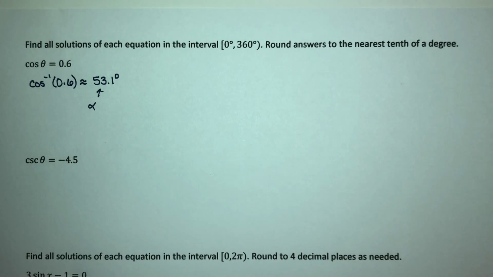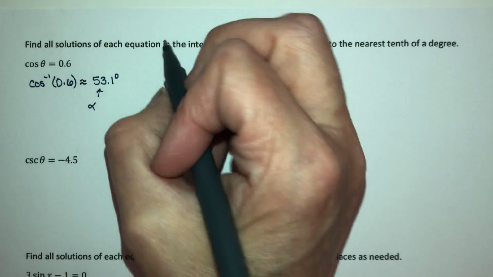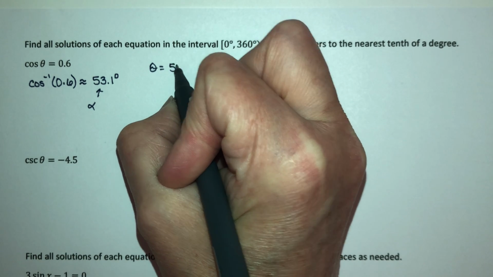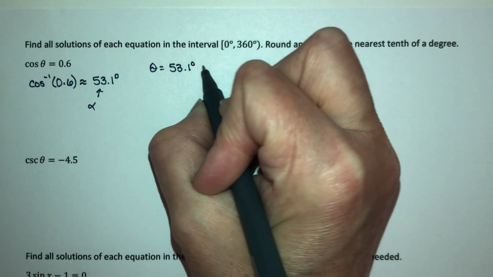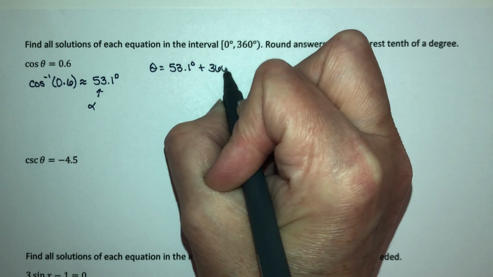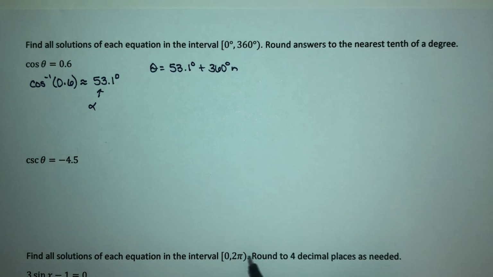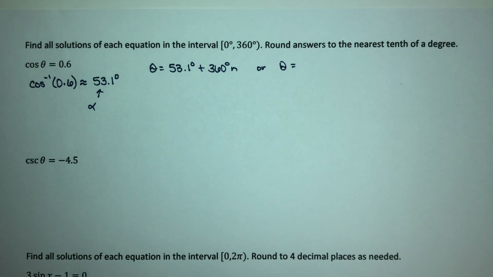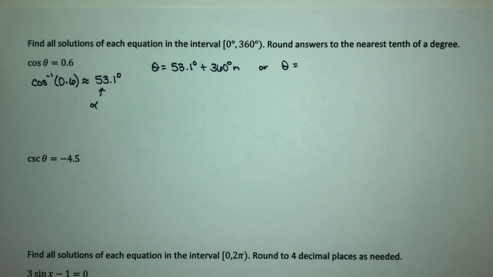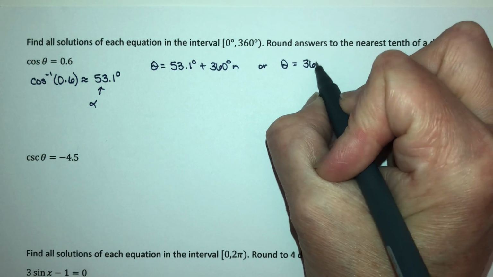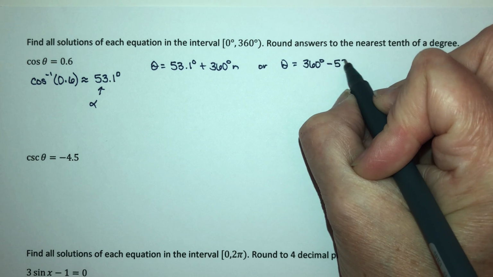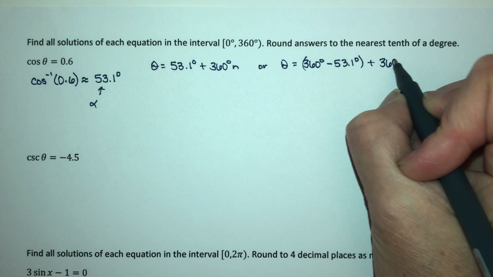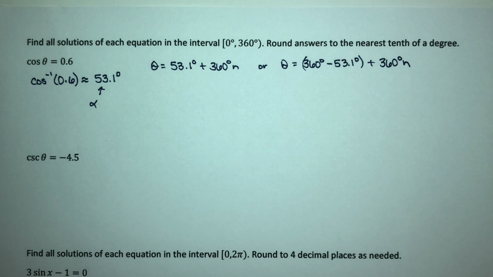For cosine, our answers, so theta, is equal to our alpha plus 360 degrees n, or our theta is equal to, for cosine, it's 2 pi minus, so that's 360 degrees, minus 53.1 degrees, plus 360 degrees n.